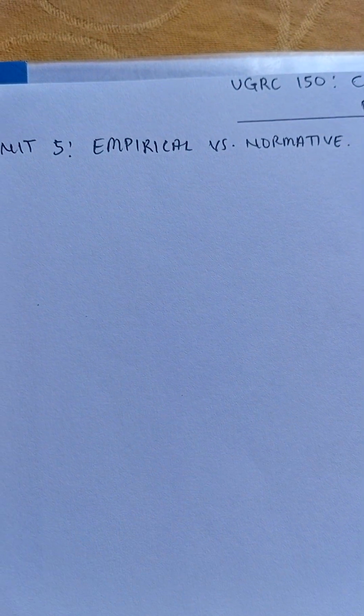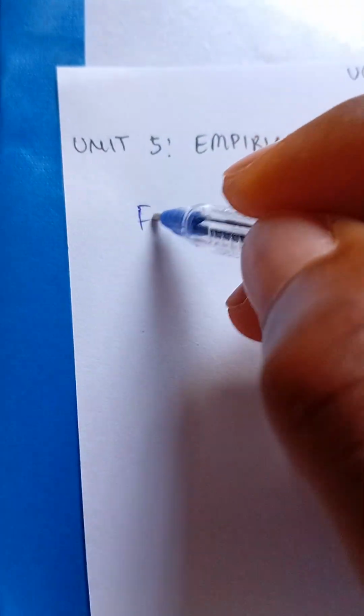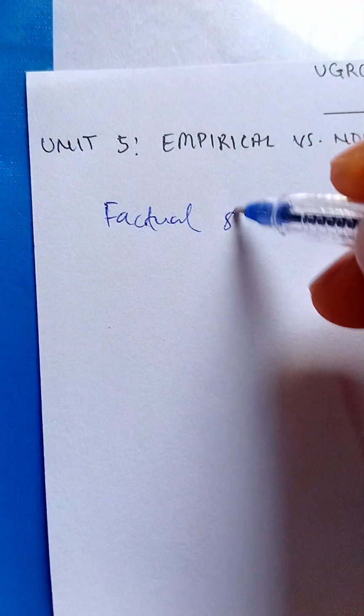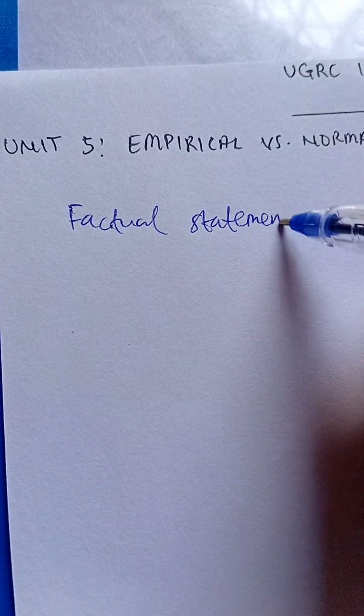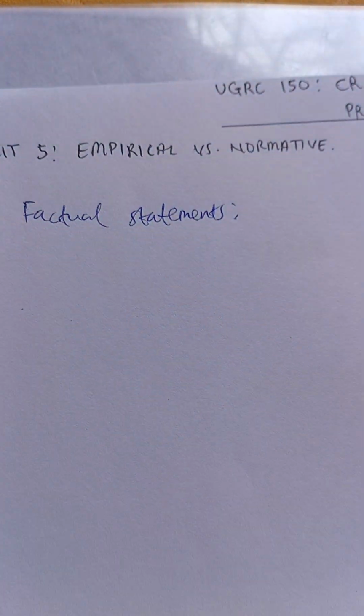So let's take the factual statement. Basically, declaratives will help us understand the distinction between the empirical and the normative. So let's take factual statements first. What did we say about factual statements?